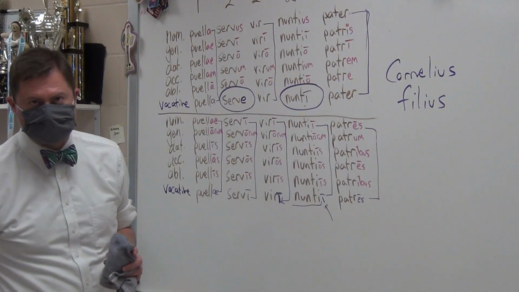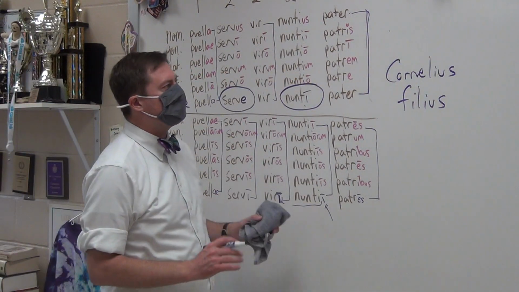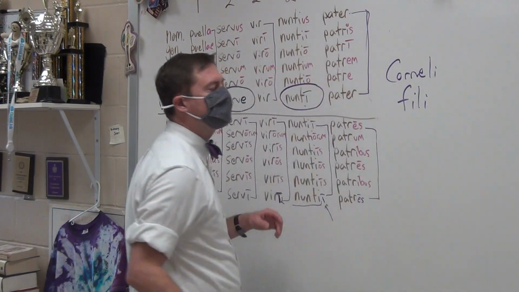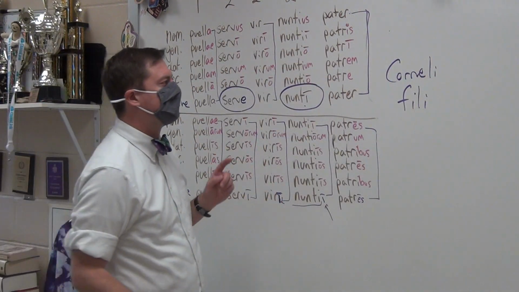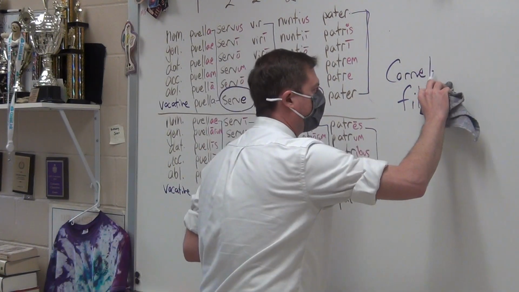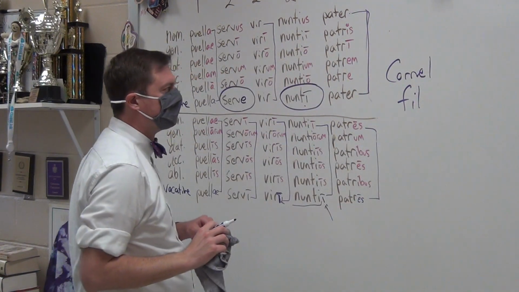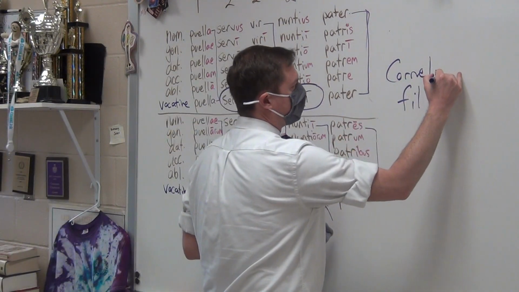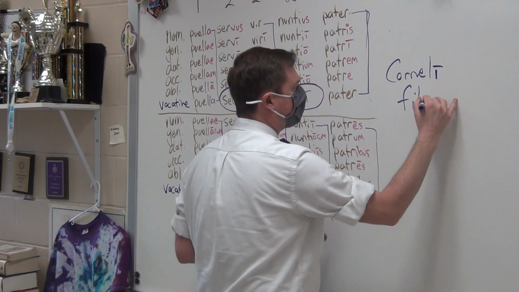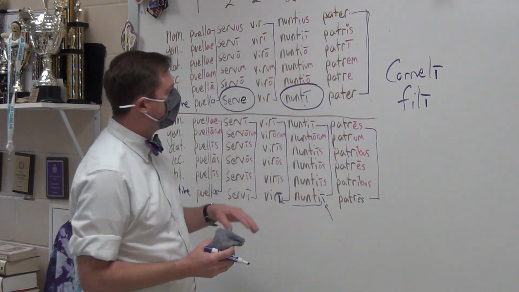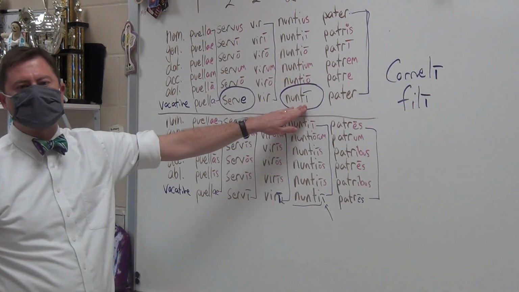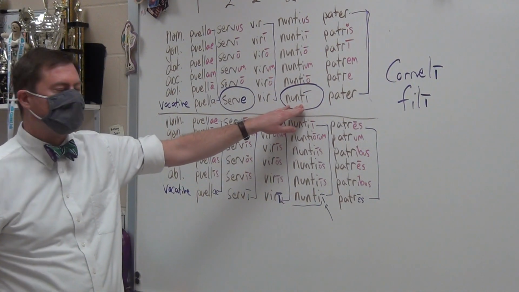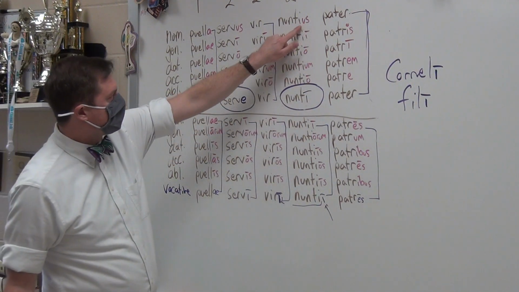In these instances, you will take off not only the us ending, but also the last letter of the stem, which is that I. And to say hello to Cornelius, you then will replace it with just merely a long I. Corneli, fili, and over here you can say, if you were talking to the messenger, why did you come here? Nunti, messenger, in which us and the I is gone.